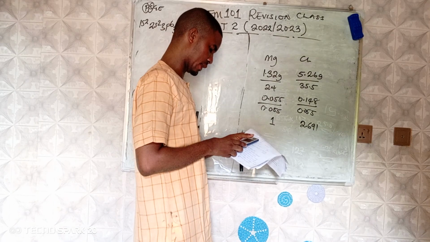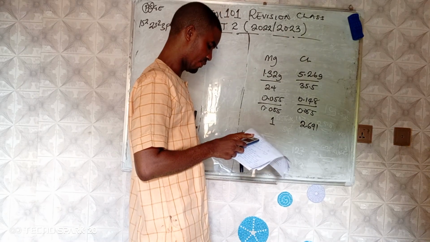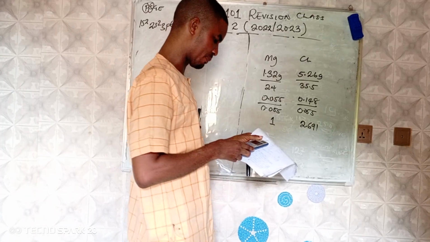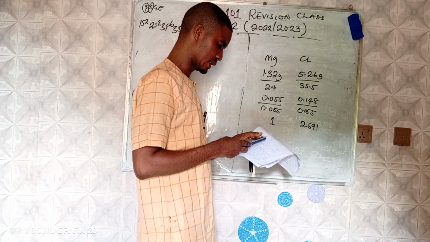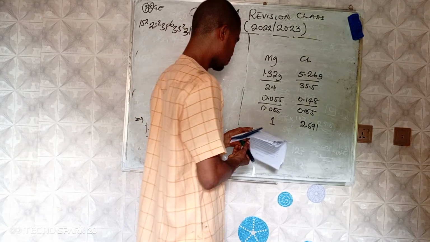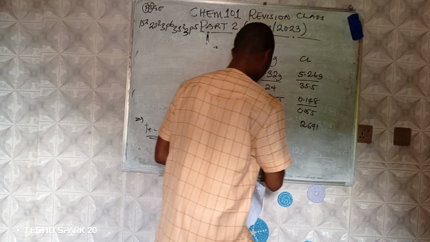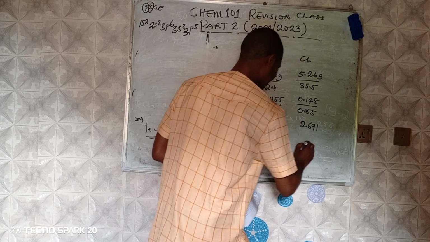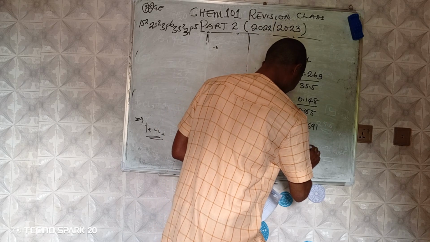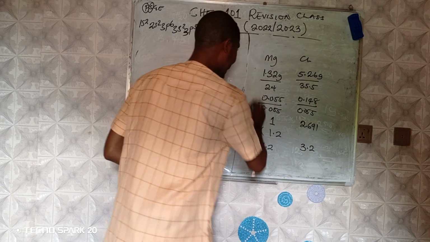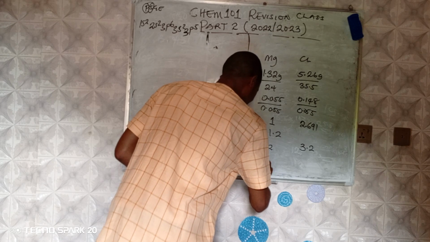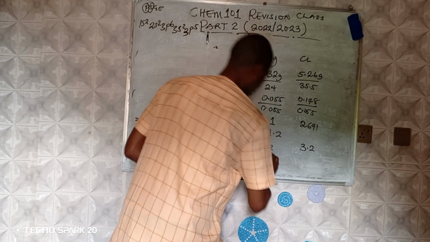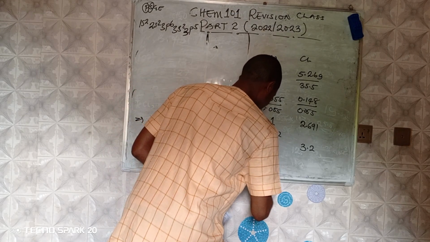If you multiply 2.691 by 1.2, you get 3.2. So I think this becomes Mg1Cl3.